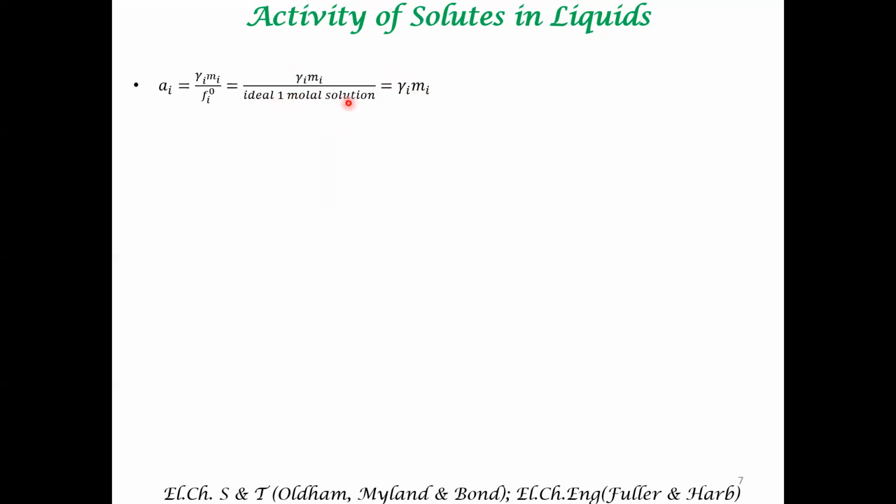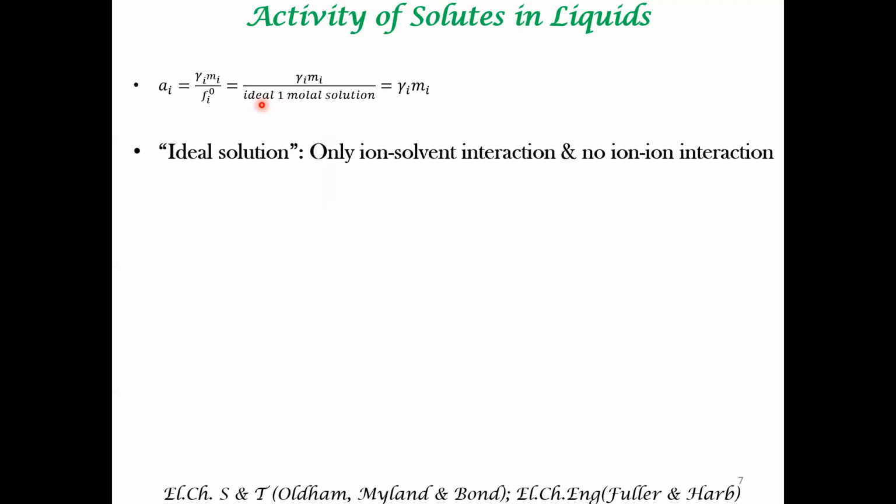We'll see why that is so. First, let's understand what we mean by an ideal solution in this case. These are all constructs which are not attained. We'll see why this is not attained, and what we can do to utilize these principles in practice.